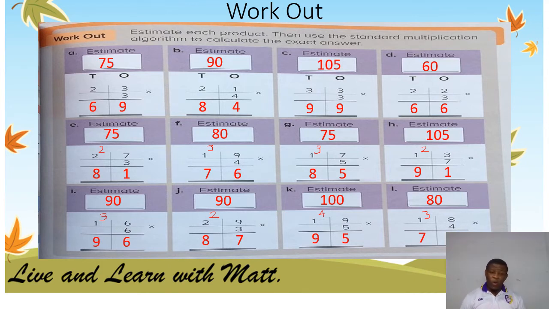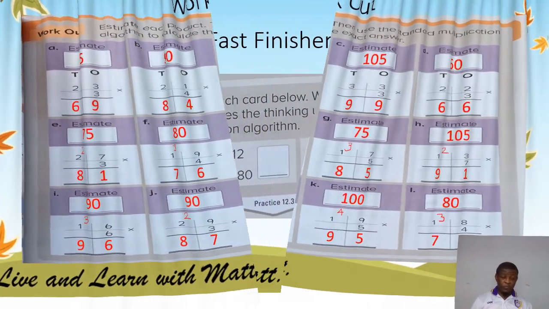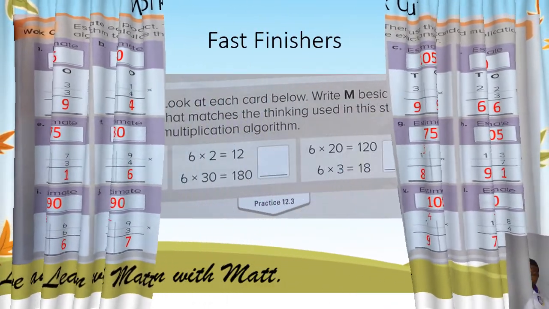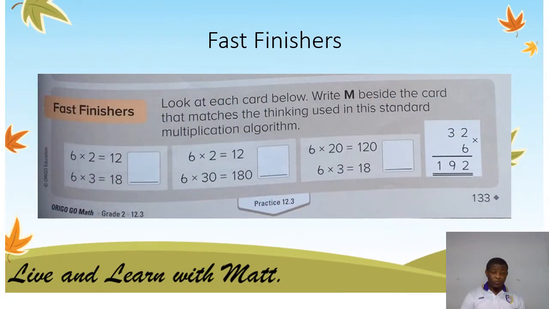All right, let's go to the workout, the fast finisher. Now, fast finishers, look at each card below. Write M beside the card that matches the thinking used in this standard multiplication algorithm.